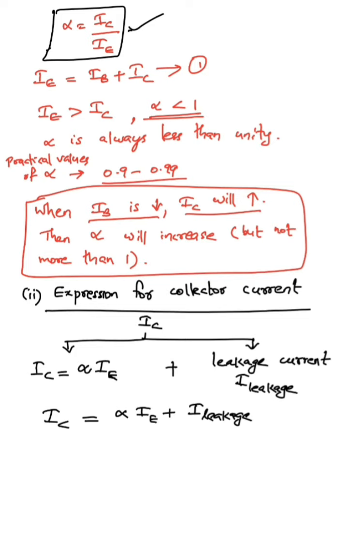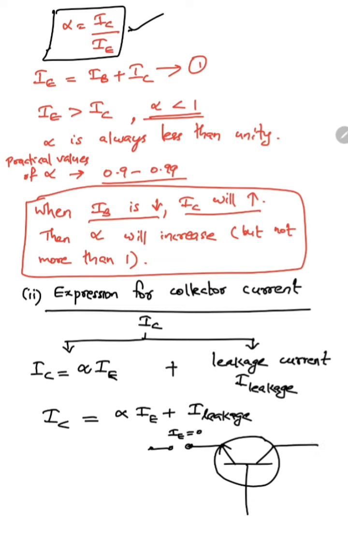Suppose, in our NPN transistor, there is no emitter current. That means the emitter circuit is open, that is IE is equal to 0.